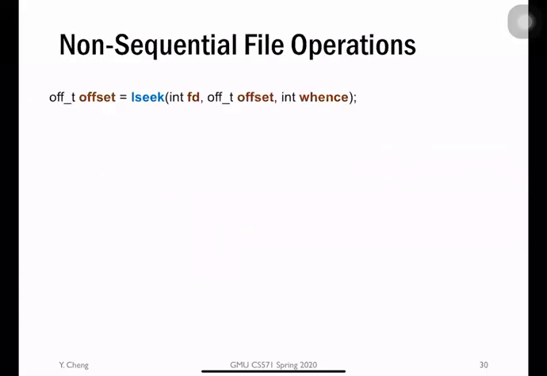So in order to support non-sequential or random small read and write, random small file operations, you can call lseek. Okay, so this tries to locate and put the file offset cursor of the opened file to a specific position specified by the parameters of the system call.